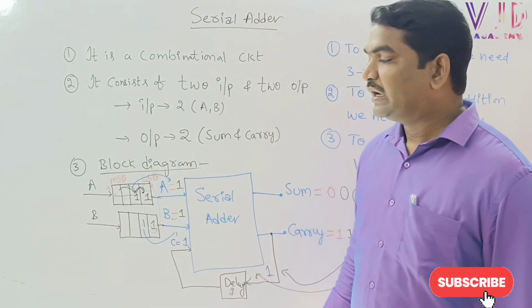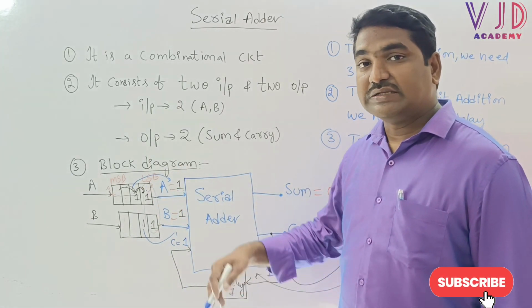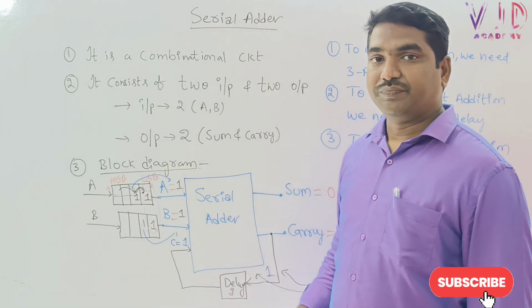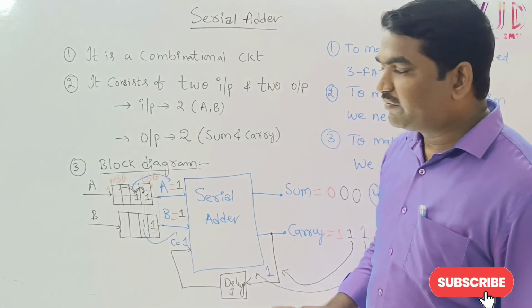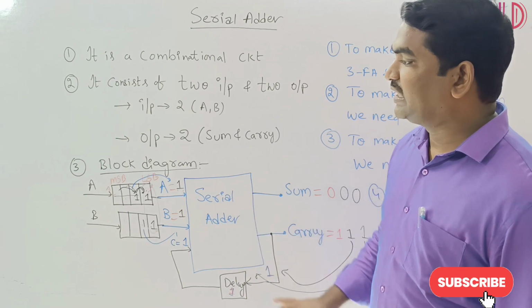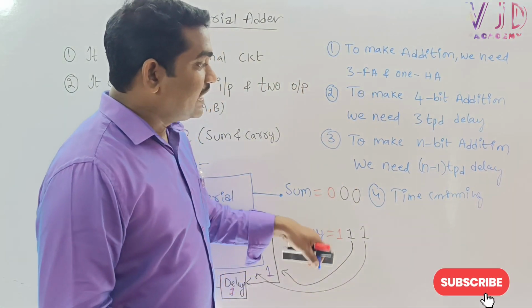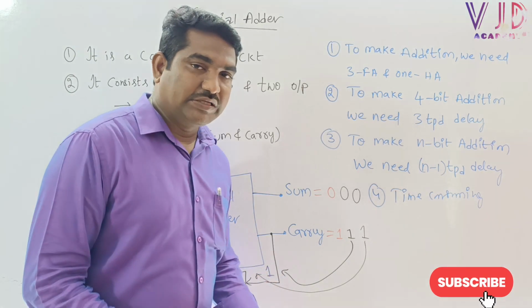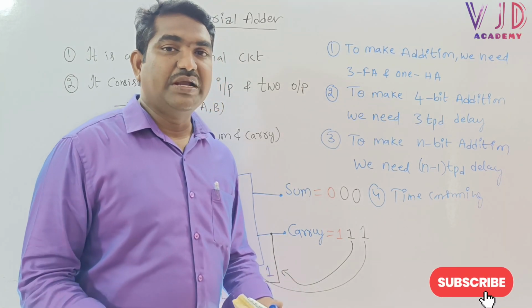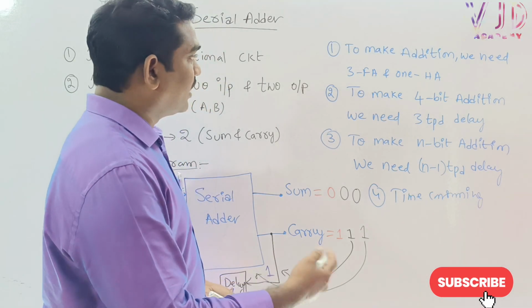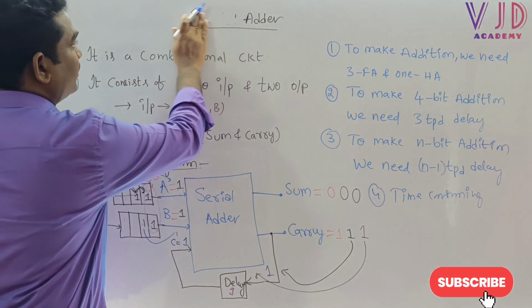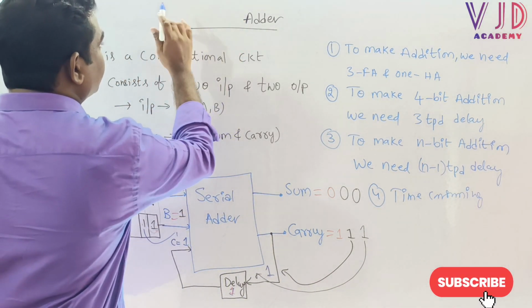It can add only 2 bits. It can subtract only 2 bits at a time. So that is the disadvantage in this serial adder. If you want to achieve this delay reduction, and if you want to increase the speed of addition, we just need to move forward to the next adder, called the parallel adder.